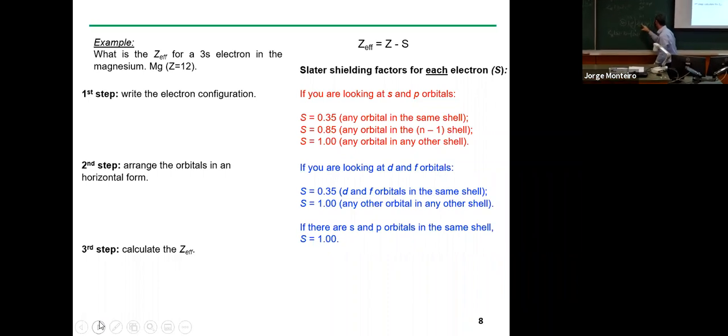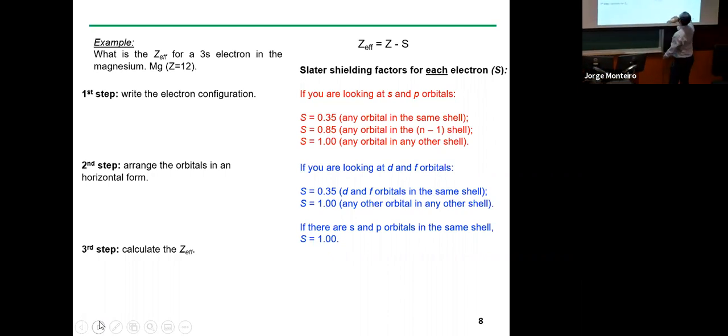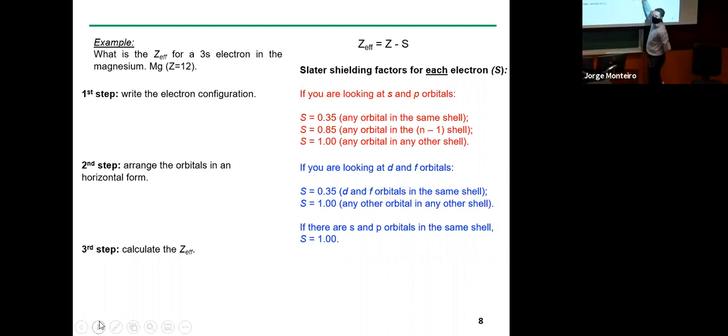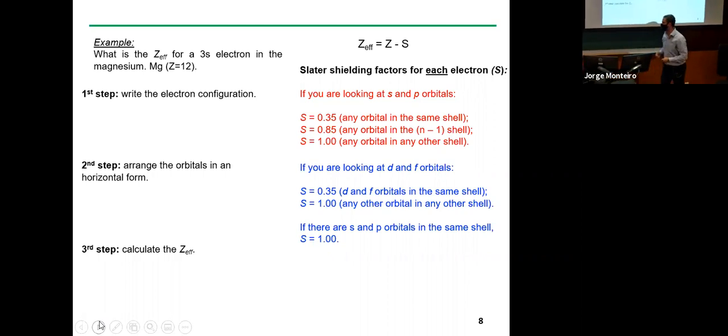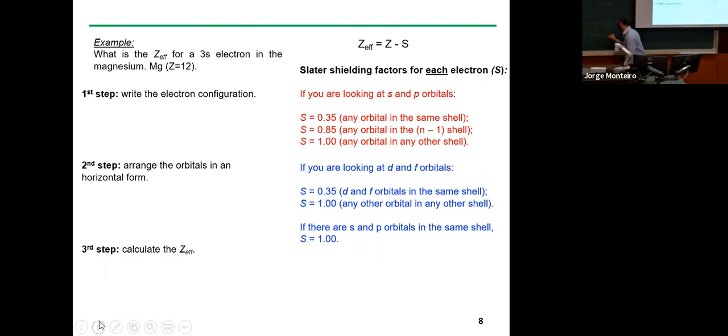Plus 8 electrons shielding with a factor of 0.85, because that's the shell immediately in front of the one we are calculating.